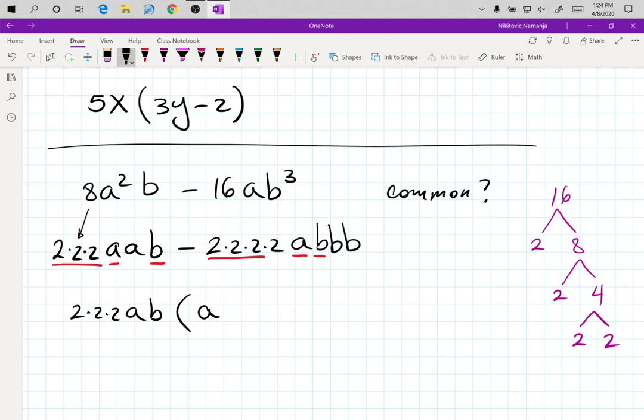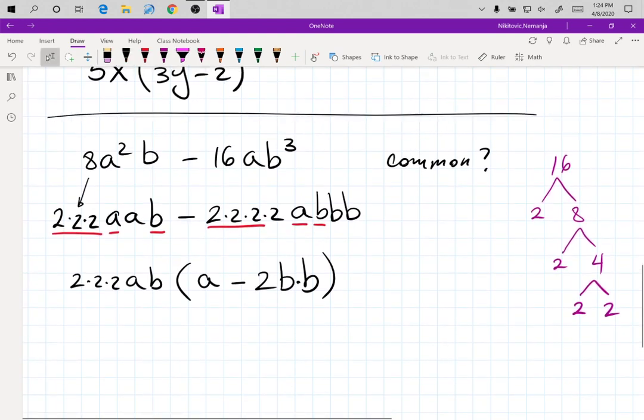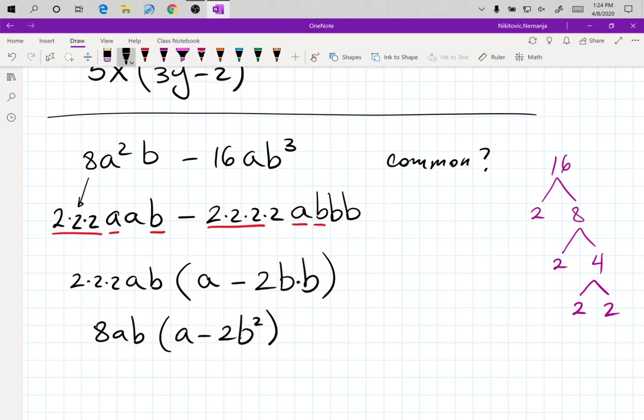Only one A stays as a leftover in the first one, and in the second one, we have a minus sign, and then for the second one we have a 2 and 2 B's left. So now this is 8AB, A minus 2B squared. And these are factors. It's factored out.